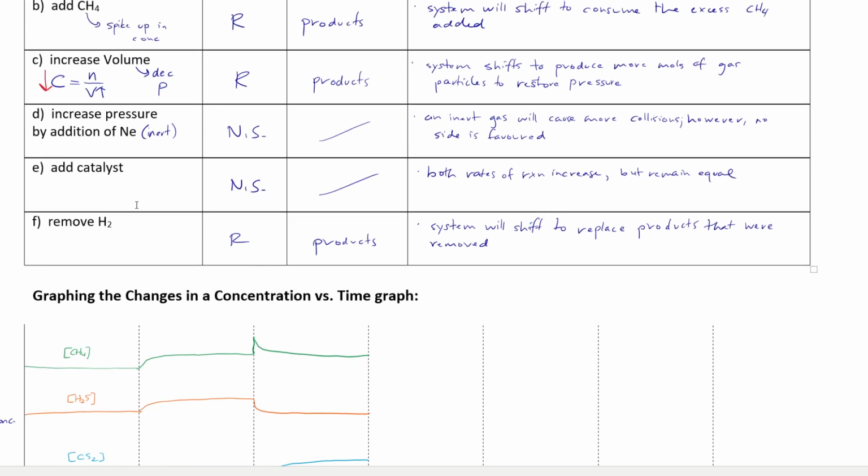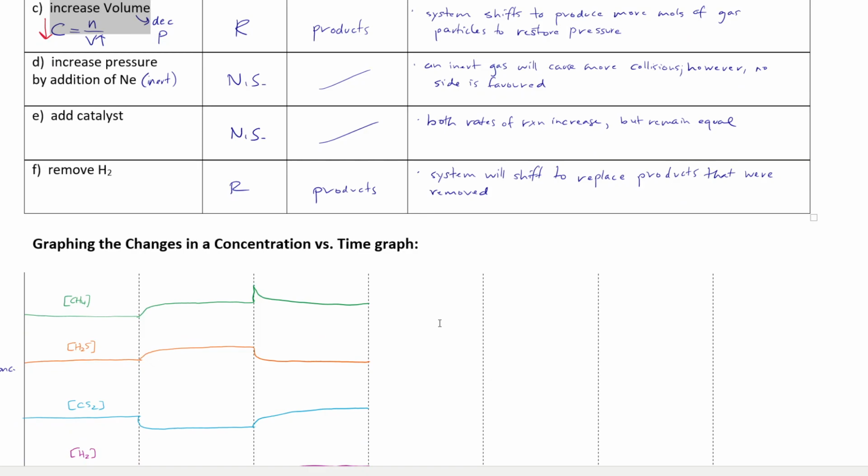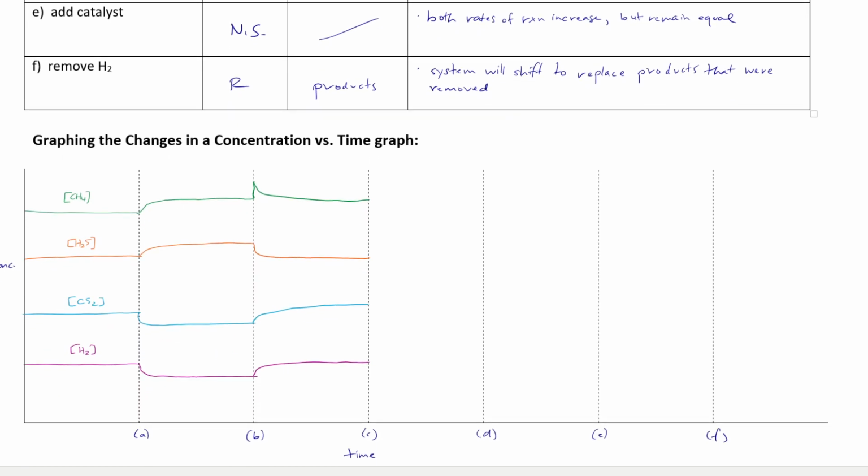If you increase the volume, as I showed over here, I indicated that all the concentrations will drop because an increase in volume causes a decrease in concentration by the C equals n over V equation. So I have to now show all the concentrations spiking down because all the concentrations decreased. This concentration decreased, this concentration decreased, and you get the picture.